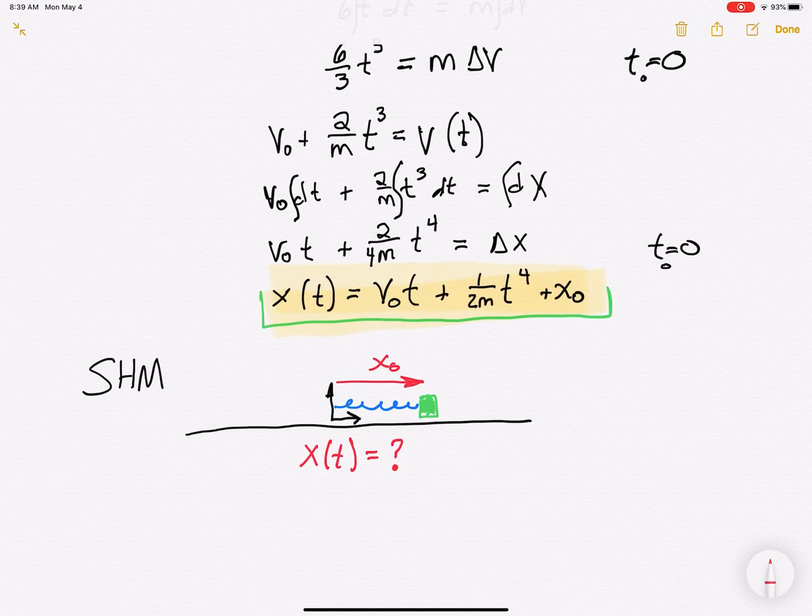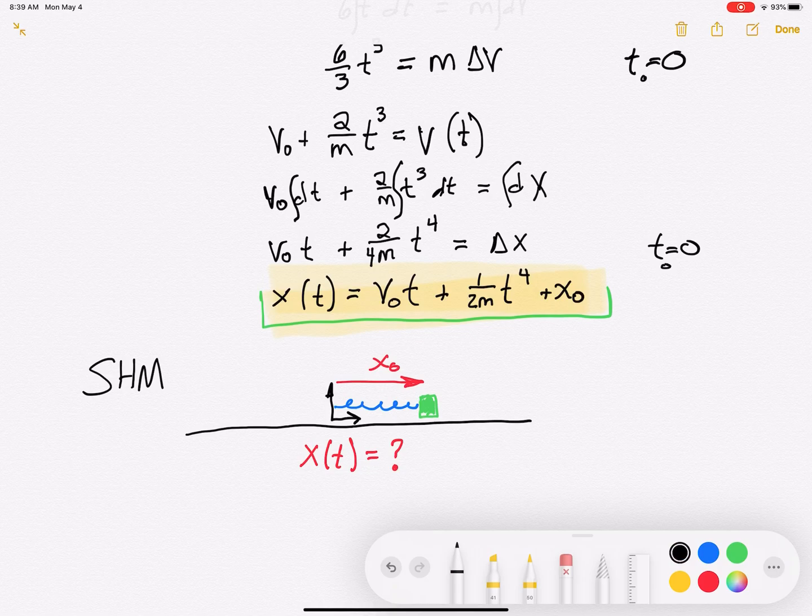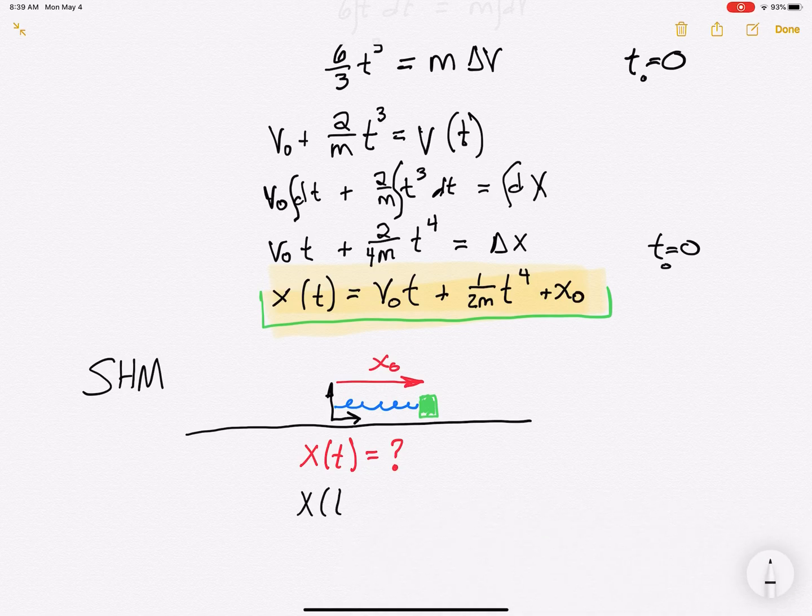We'll solve a couple more cases of simple harmonic motion, just so you can see it. But I want you to notice that when I come up with an expression that looks like x as a function of time equals A sine of omega t plus phi, I'm doing nothing more than what we've done all semester long.